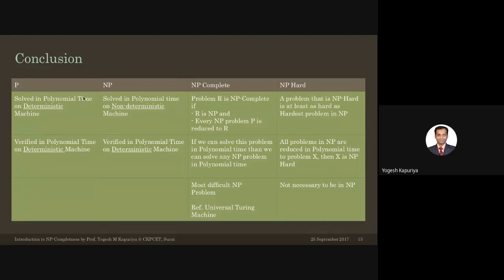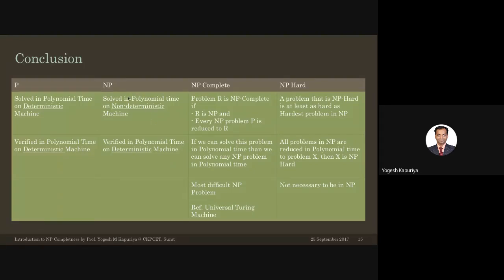There is another class of problems called NP problems, which are also solved in polynomial time, but for that you require a non-deterministic machine. Non-deterministic in simple terms means you don't actually have the solution, you don't have an exact method of solving it. So you can say that these are unsolved problems. Practically, you are not aware of how to solve them.